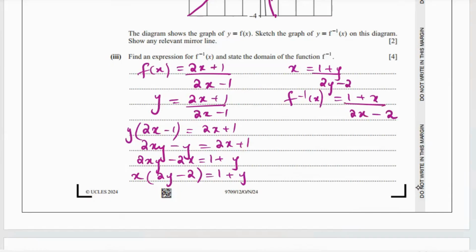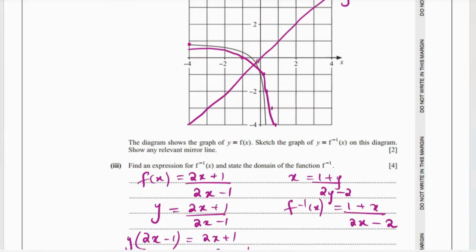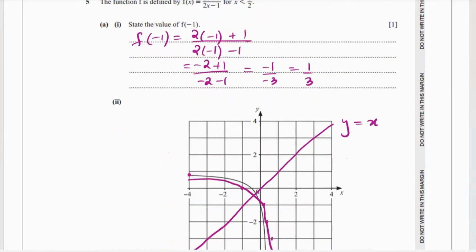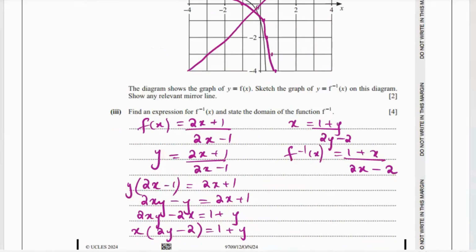Now for the domain, if we go to the first part, it says x is less than 1 over 2 for f of x. Over here, the domain restriction is going to be the denominator. You put the denominator equal to 0.